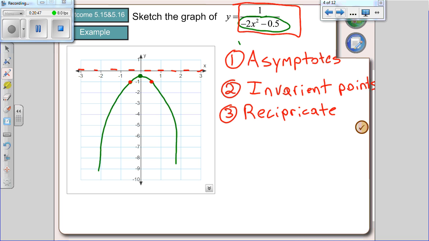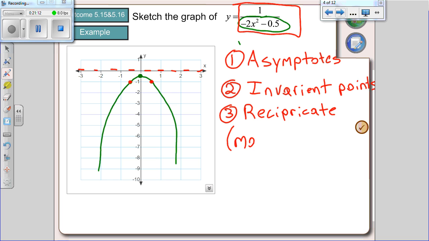So you're gonna reciprocate, but a little differently than yesterday. You have to reciprocate your maximum point or your minimum point first.